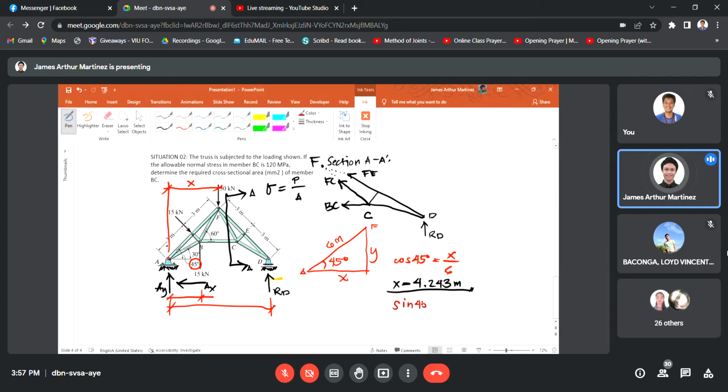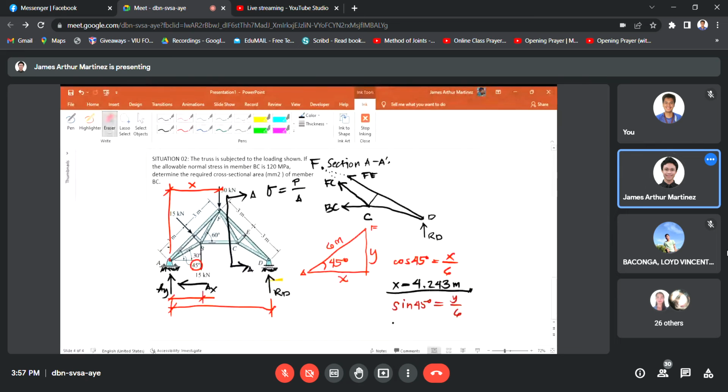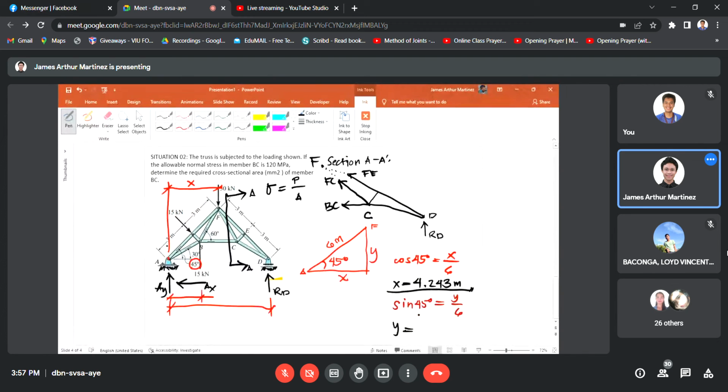Sine 45 is equal to the opposite, y, over the hypotenuse of 6 meters. So y is 4.243 meters also. Okay, so we have the moment arm for the 30 kilonewton force. Check. Next.